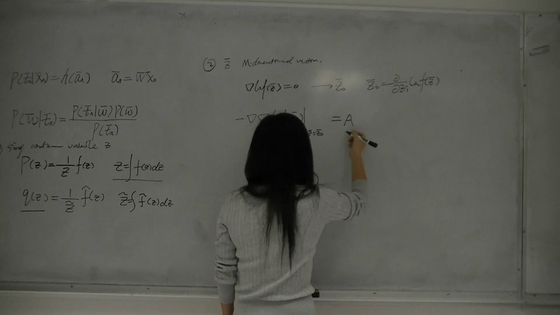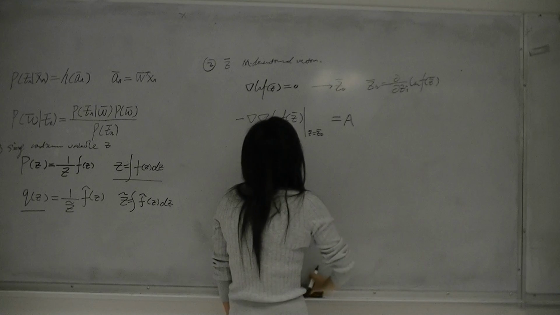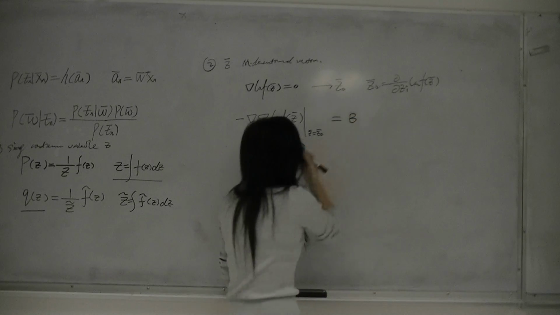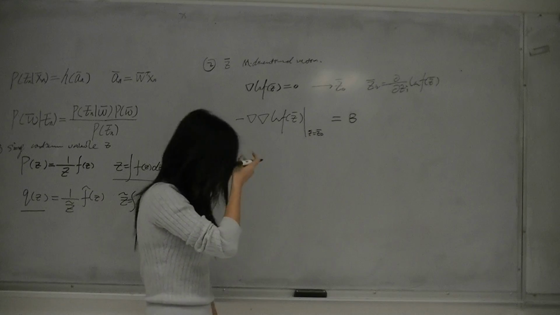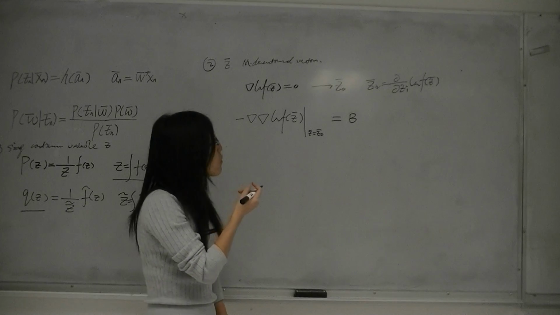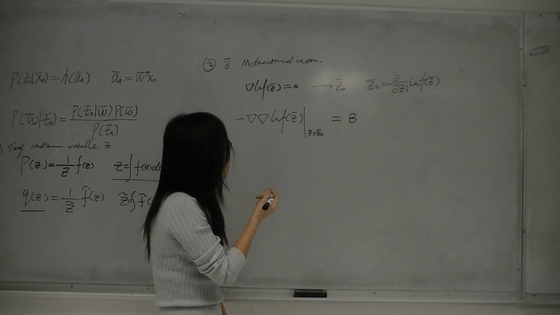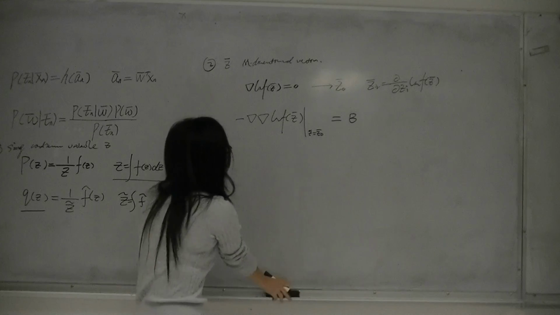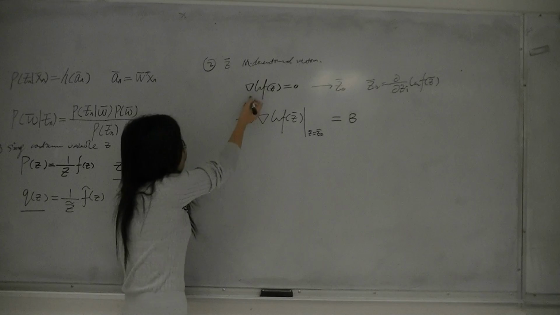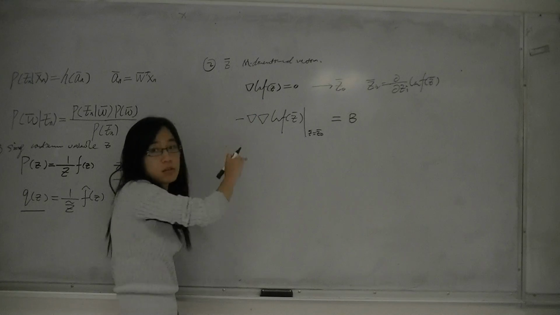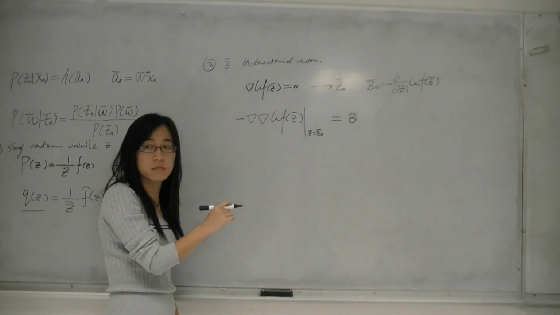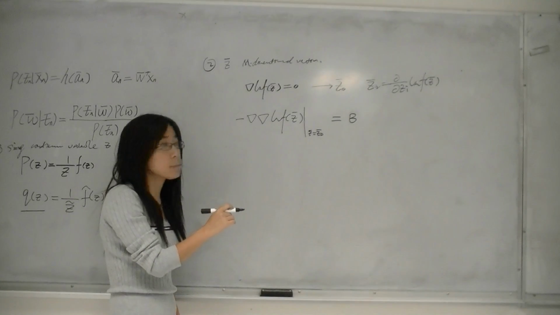Maybe I should change another. Yeah, it's called B. So the notation here, what does the subscript i mean? Because here is a vector, it's a gradient component. Why is that equal to zero?